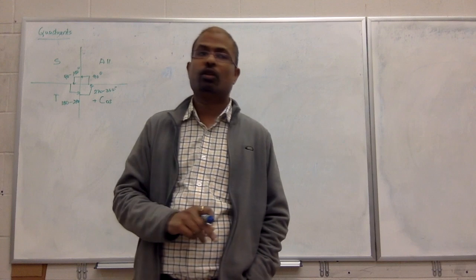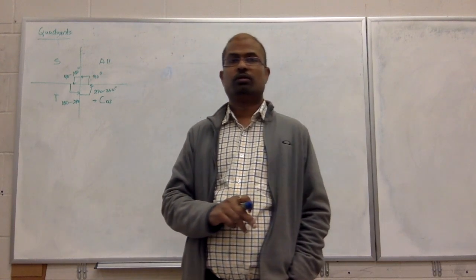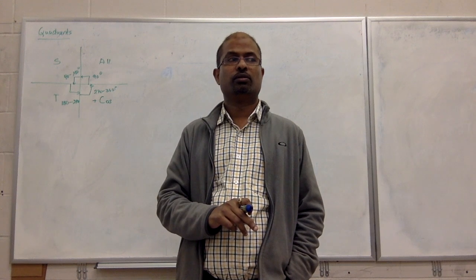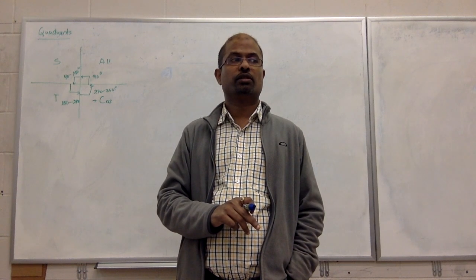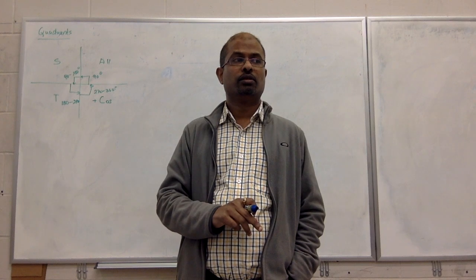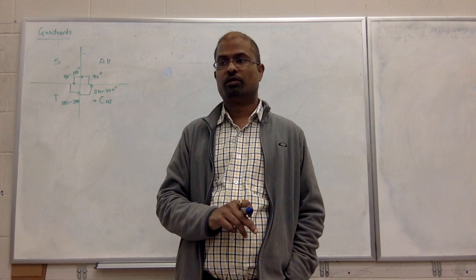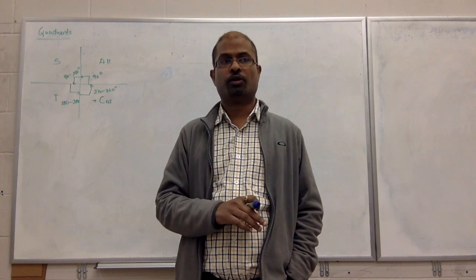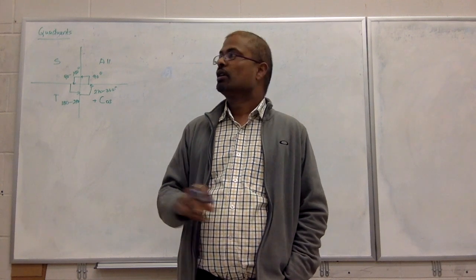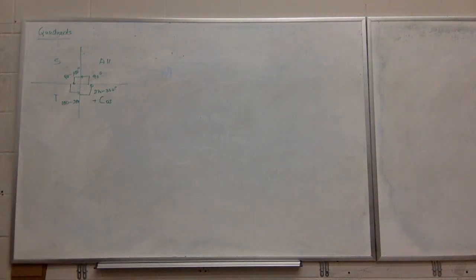What is the classical Euler angle sequence? We discussed this. Keep your cell phones away, please. 313, capital omega, i, small omega. Okay, that is the classic Euler sequence. The classic Euler sequence will always give this matrix.